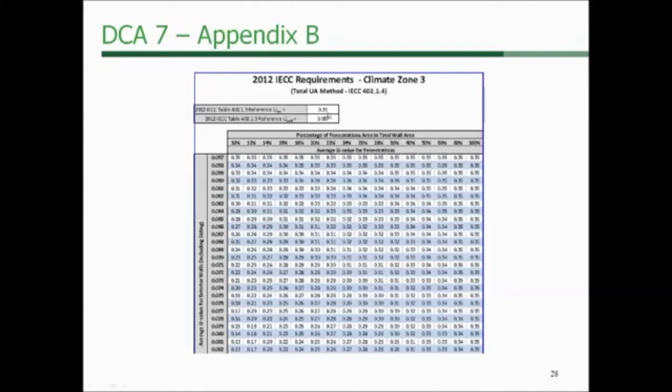So again, 0.35 for windows, 0.057 for walls, just like we did in our example. You look at the top, see climate zone reference values. You look at the top and it says percent fenestration in total wall area. So these are that percent fenestrations.